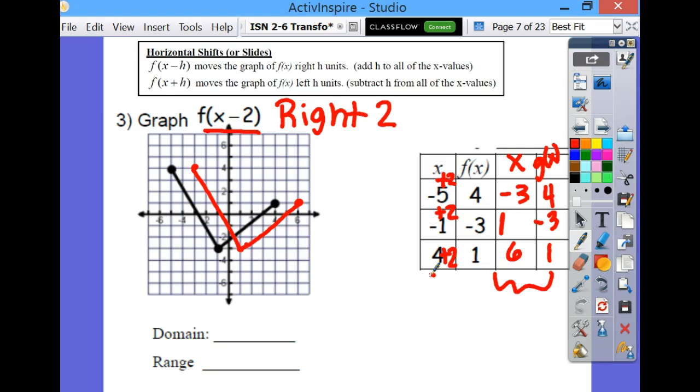Now, on this one that is in red, what is the domain? Eric? And what is the range?